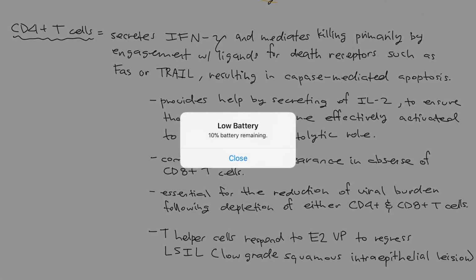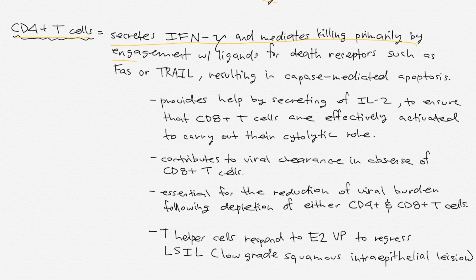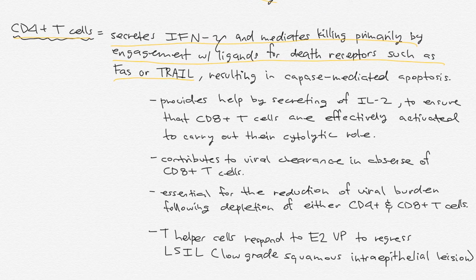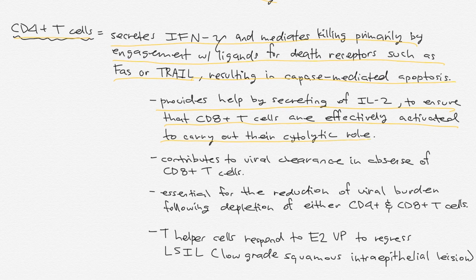The next type of immune cell that is important for immune response is CD4 positive T cells. CD4 positive T cells secrete IFN gamma and mediate killing primarily by engagement with ligands for death receptors such as FAS or TRAIL, resulting in caspase-mediated apoptosis. This provides help by secreting interleukin-2 to ensure that CD8 positive T cells are effectively activated to carry out their cytolytic role.